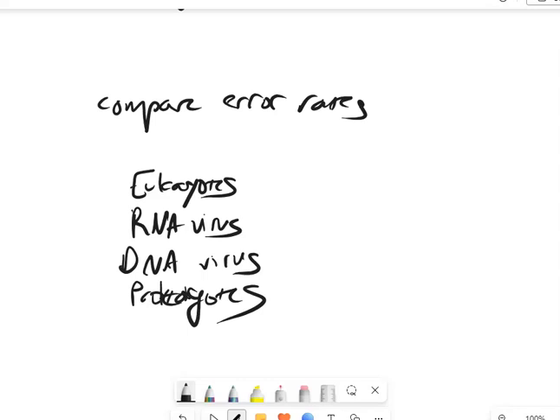If you had to put these in order from fastest mutations to slowest mutations, or highest error rate to lowest error rate, you should be able to. There is a figure in the slides that lines them up correctly, so make sure you know that.